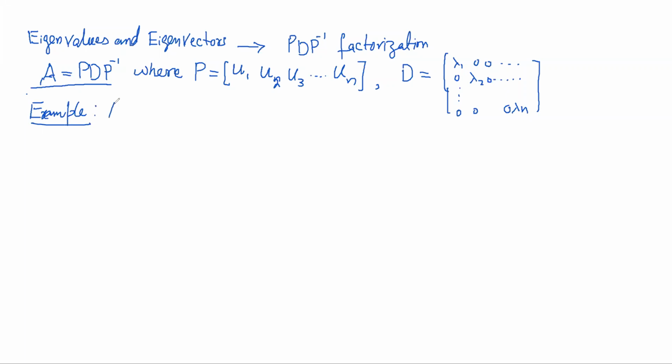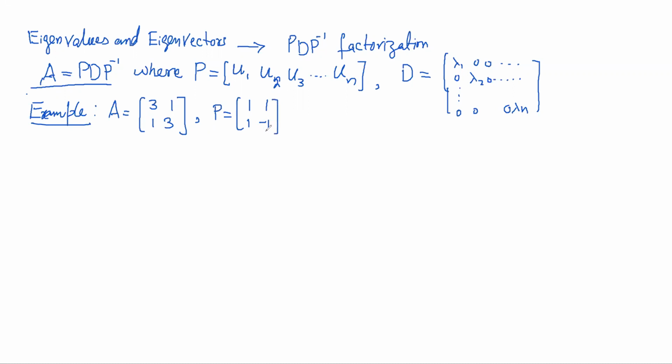we have this matrix A, 3, 1, 1, 3. And we have found that its eigenvectors are 1, 1 and 1, minus 1.